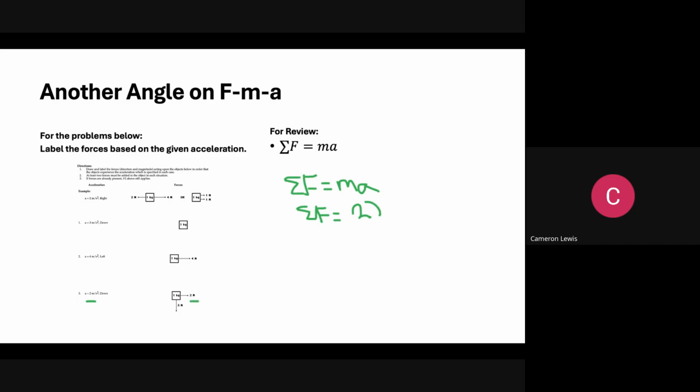Which 2 are you talking about and where are you telling me to put it before I start writing? I will put the first 2 where it's at. Which one? The one for the acceleration or the force? The box? No, it would be 1. I'm sorry, because the mass is 1, so it would be 1 times 2. And what is that 2? Negative.